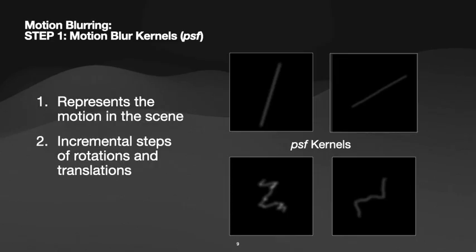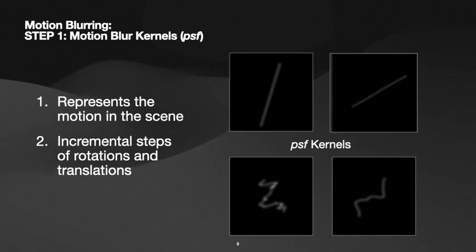For the first step, I'll be discussing motion blur kernels, also called point spread functions. These are essential in inducing or eliminating motion during motion blur deblurring, and they essentially capture the motion in the scene, and these could be linear or non-linear as mentioned before.